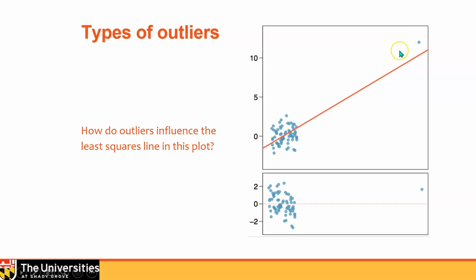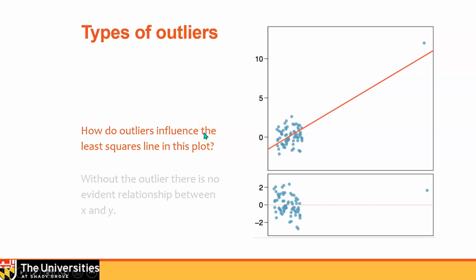Notice that this particular outlier draws our regression line upward at a relatively steep level. Without the outlier, if we took it out, we would find maybe a line that went like this.